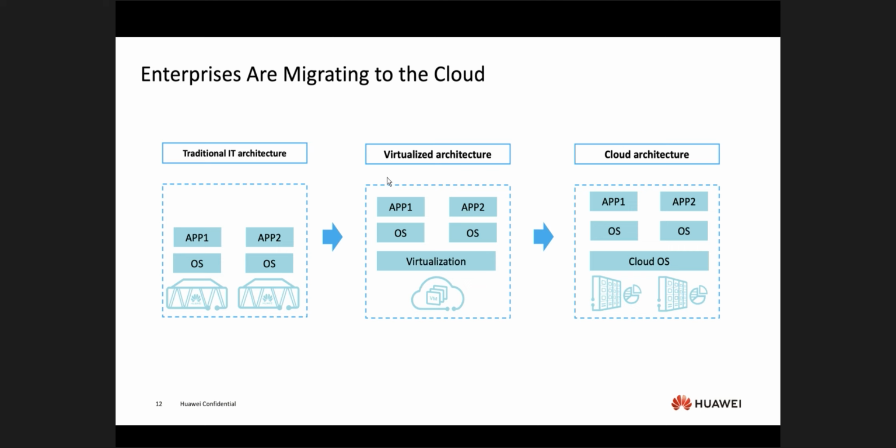But yeah, let's look at how people are migrating to the cloud. So first of all, you have your traditional IT architecture. We just went through that, and we said that you have two servers. So there's server one, there's server two. On each server you have your operating system running, and in most cases we would run Windows Server.